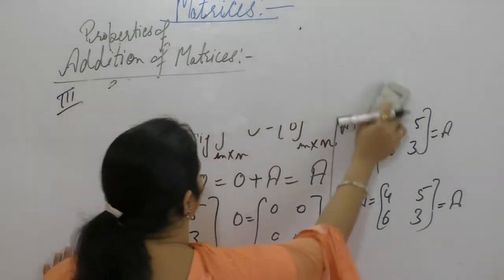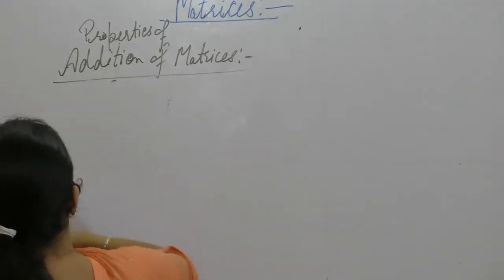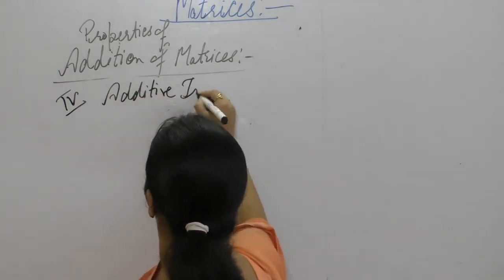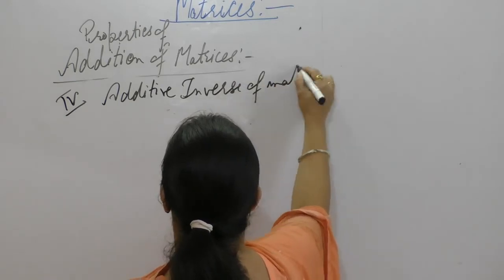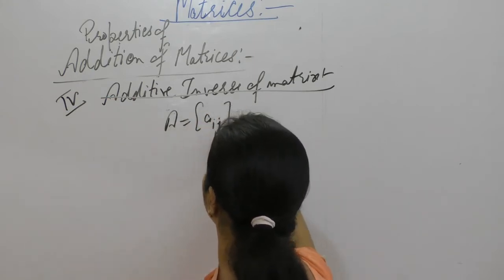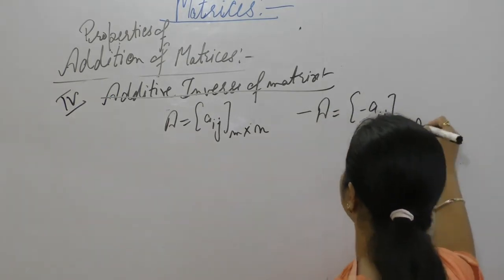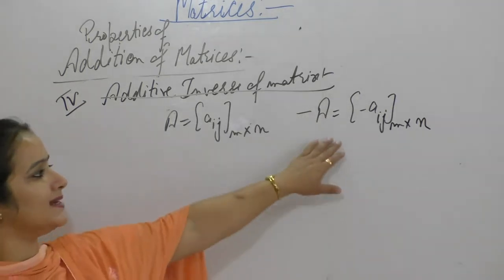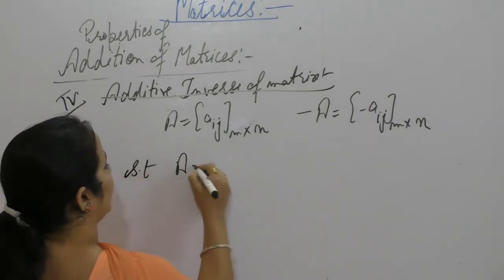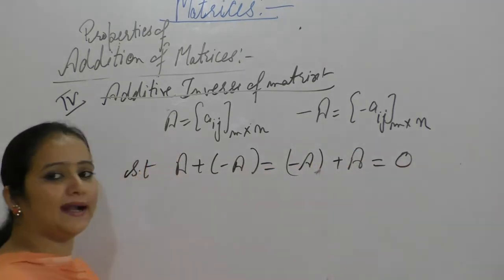Next is the additive inverse of a matrix. If A = [aij] is a matrix of order m by n, then the negative of that matrix, minus A = [minus aij], of the same order m by n, is such that A plus minus A, or minus A plus A, is equal to the null matrix.